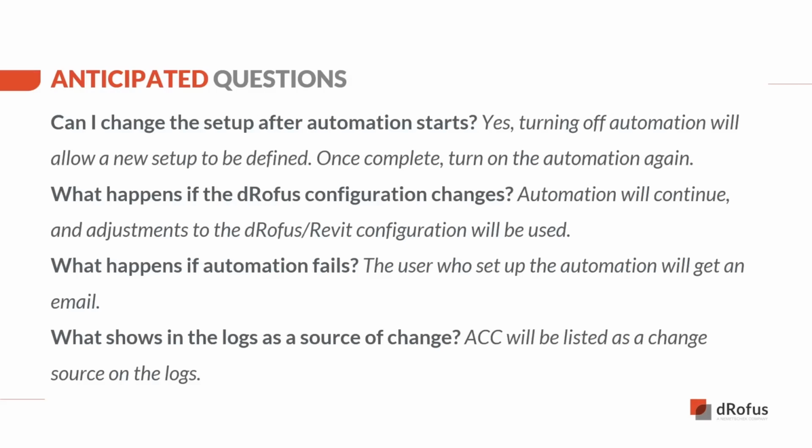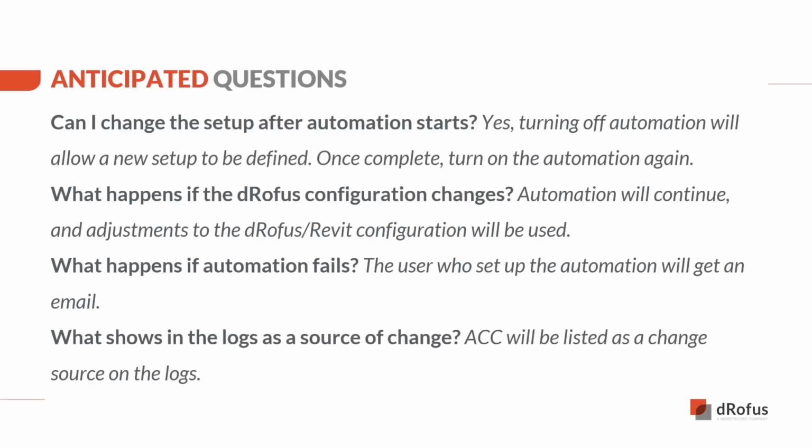Some other things to keep in mind is that you can set up the automation and you can still sync even though the automation is actually happening. What I mean by that is that if automation is turned on and you want to sync, you can just hit the sync button. If you want to turn automation off, you can uncheck the box, automation is turned off, and then you can do any manual syncs that you might want to do, and then turn it back on.